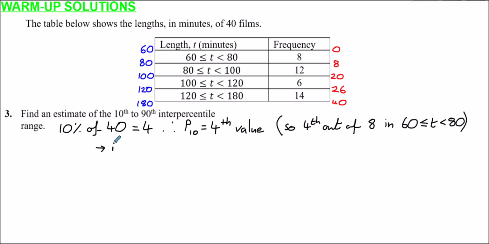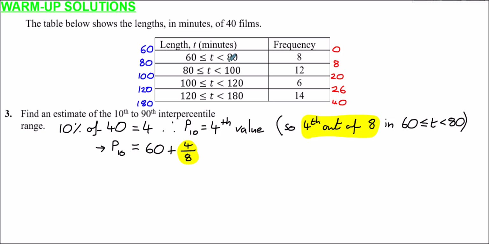So we can now estimate the 10th percentile. So P10, we start where the interval starts, so start at 60. We're now going to add on this fraction, 4th out of 8, which is essentially halfway into this interval. So plus 4 out of 8, which I know is half, but I'm leaving it unsimplified so you can see where the numbers have come from in the first place.